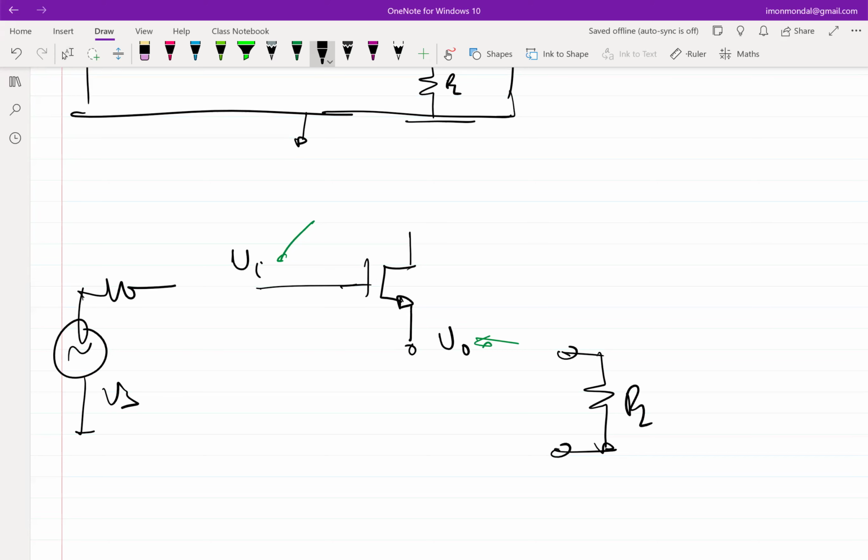What do you think? What will be the best biasing strategy in this case? We know using current sources and so on. So how should I go about biasing this? Let's start with the input side. How would you like to bias the gate? There are only one or two options we know.